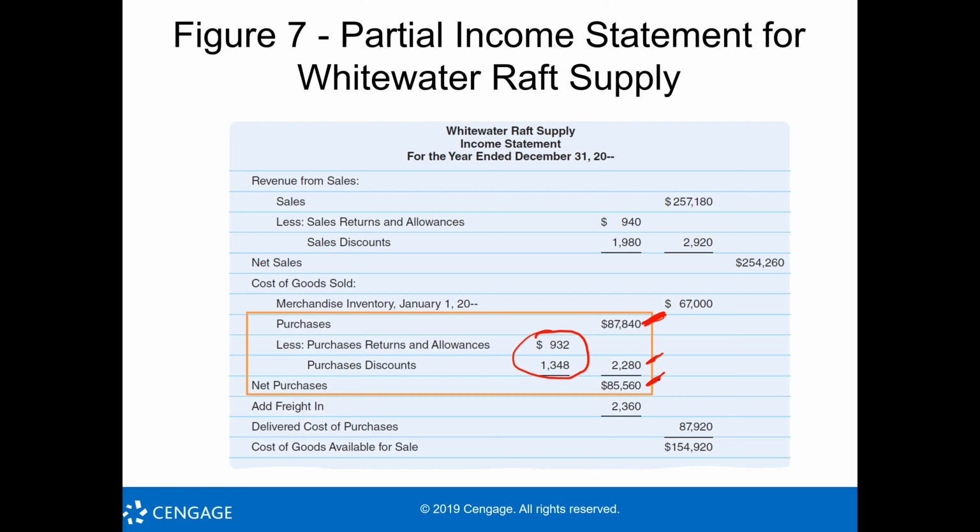And then if we add freight in, that's how much it cost us to have the purchases delivered. So that cost is added into the delivered cost of purchases. And that's what they're showing us here, delivered cost of purchases. Okay.